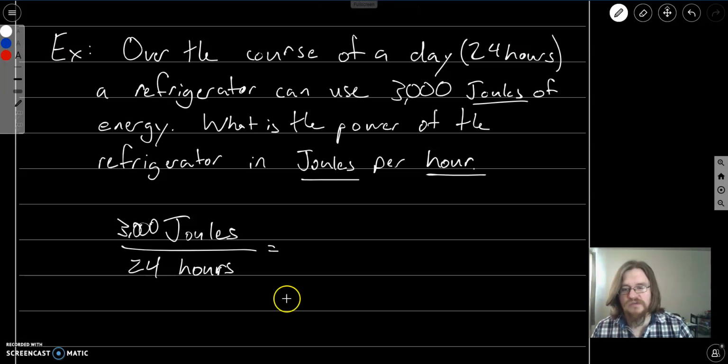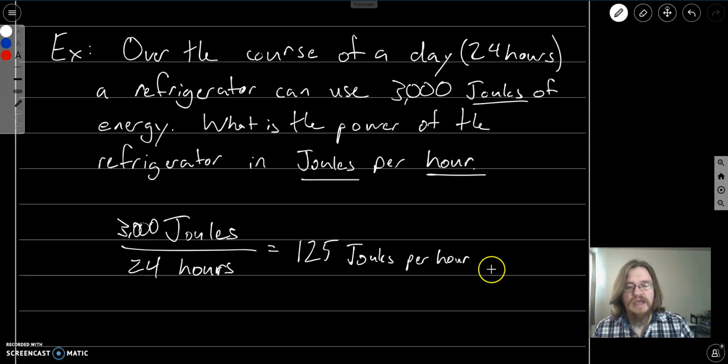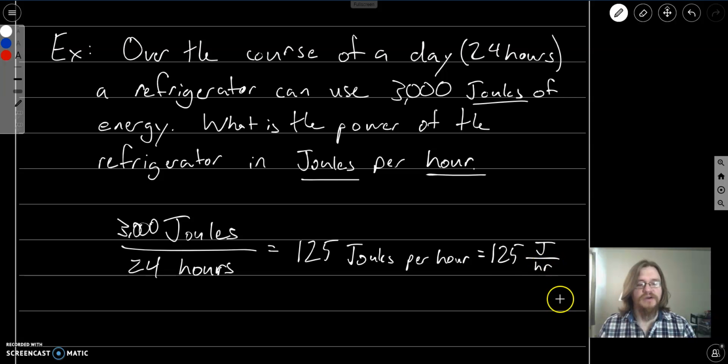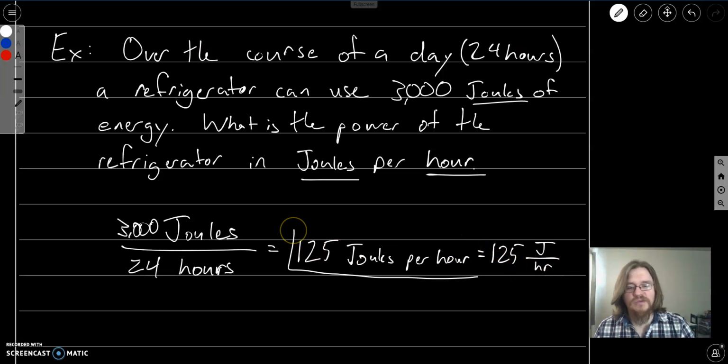So this is going to be 125 joules per hour. And again, we can write this in some contexts as 125 joules, which is normally just a J, per hour. So again, either one of these will work.